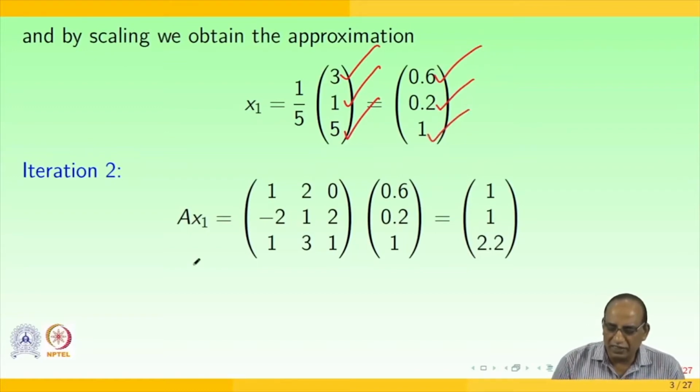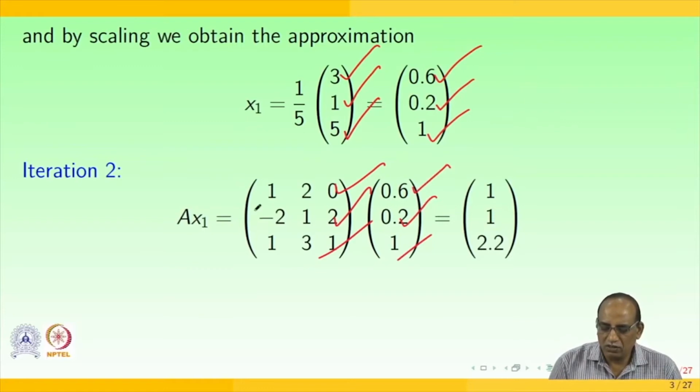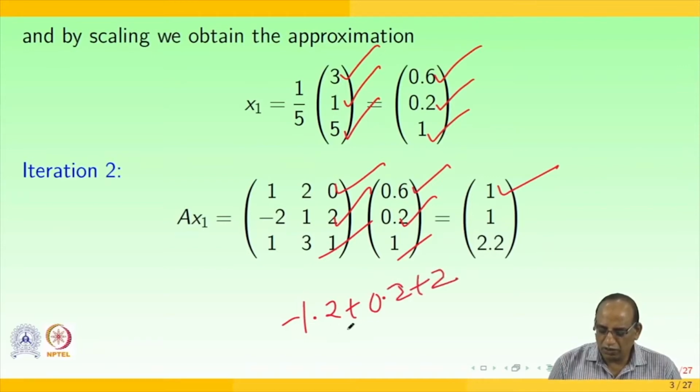In the second iteration, I multiply the matrix with x1: 0.6, 0.2, 1. So 1 into 0.6 plus 2 into 0.2, that is 1, minus 2 into 0.6, that is minus 1.2, plus 0.2 plus 2, so that is 2.2 minus 1.2, that is 1.